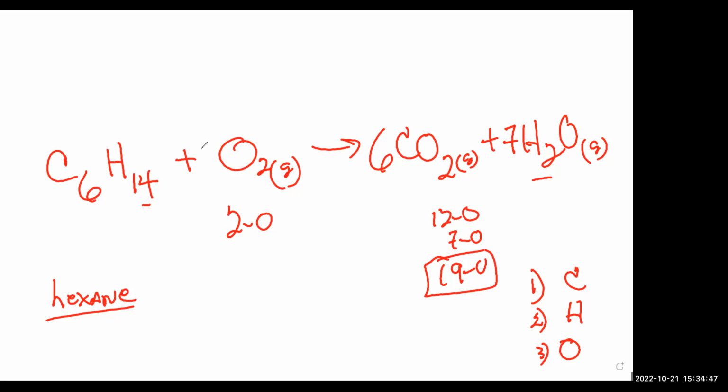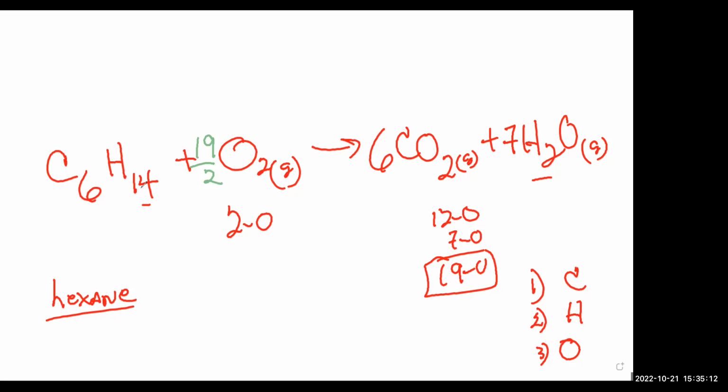I can't put 19 here in front of O2 to balance it because that gives me 38, okay? So temporarily, because I only need half of those oxygen molecules, I can do a 19 halves temporarily, okay?